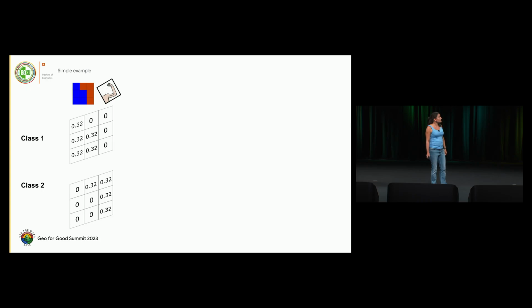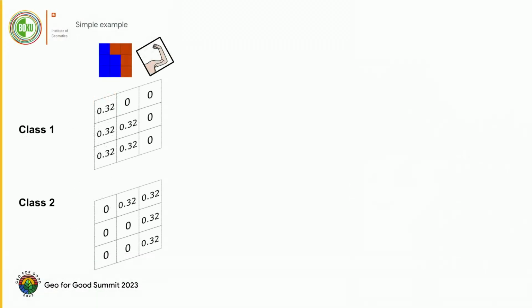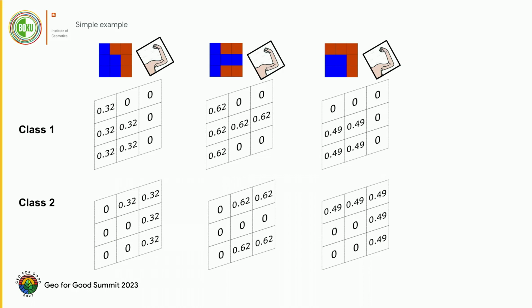But remember that we have 3 different models in this simple example. So we have the same 2 matrices for model 1, and the same for the other 2 models. At the end, we have 3 different weight matrices for class 1 and 3 different for class 2. We need to do something with them.